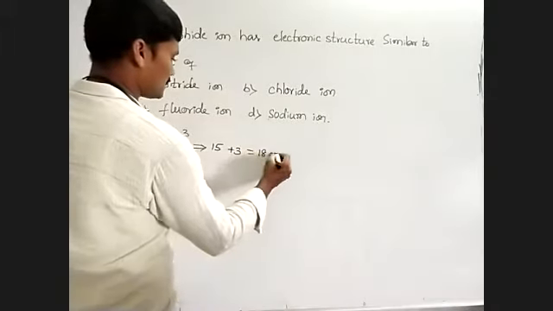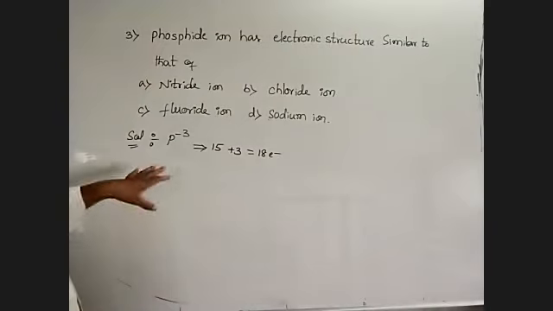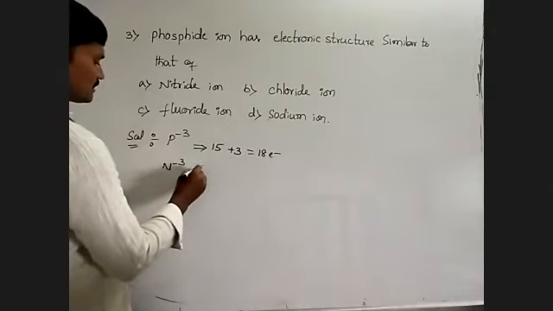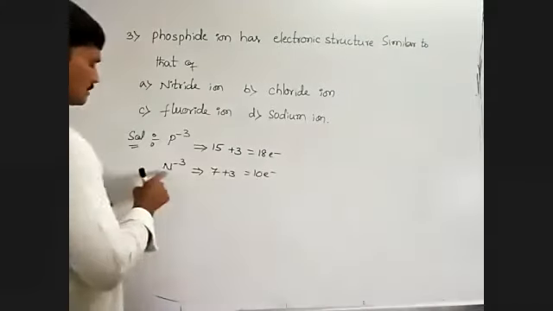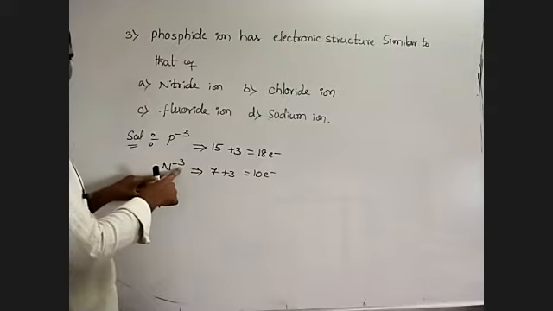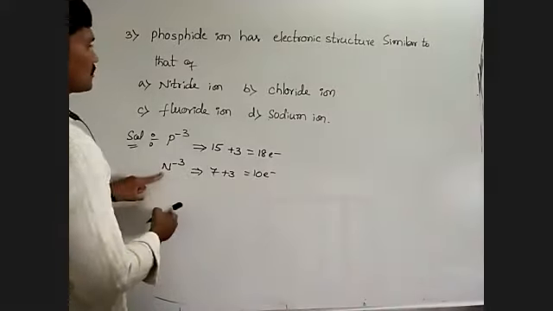So 18 electrons are present in phosphide. Nitride means N minus 3. Atomic number of nitrogen is 7, minus 3 means 3 extra electrons, so 7 plus 3, 10 electrons.